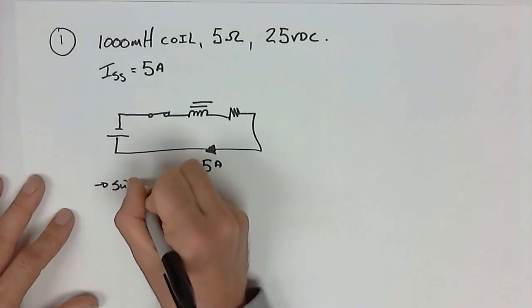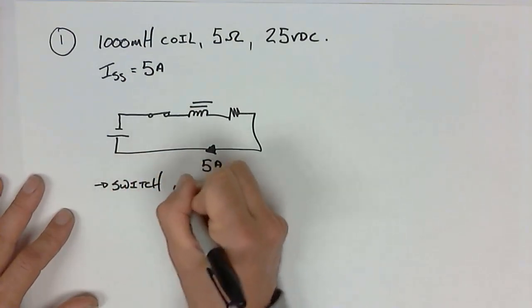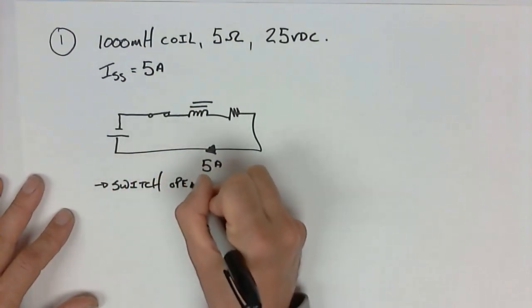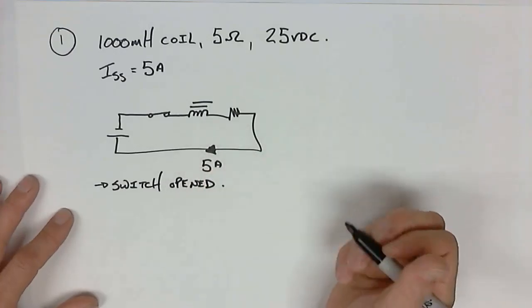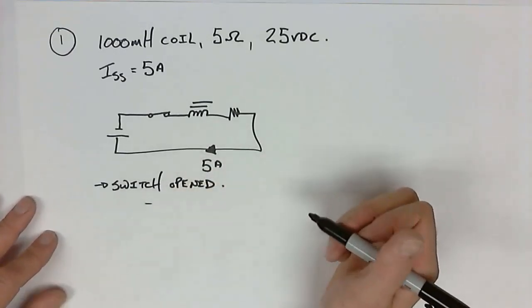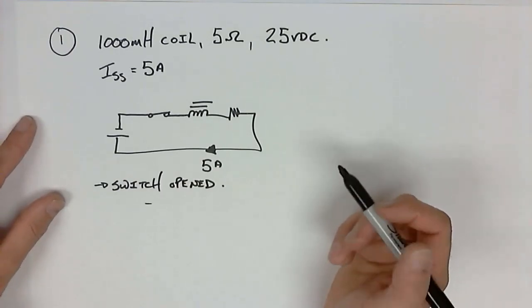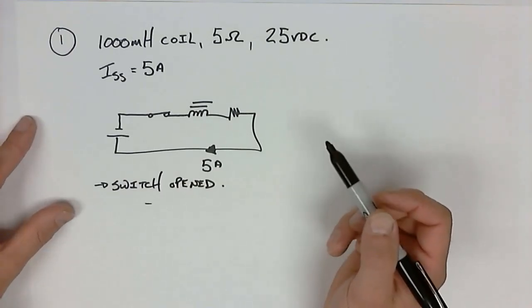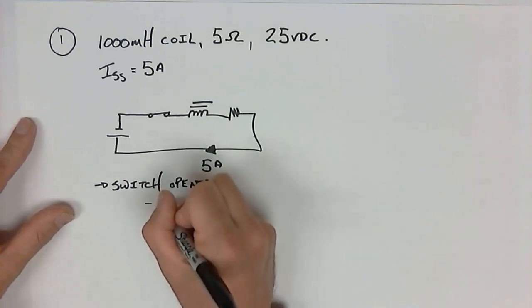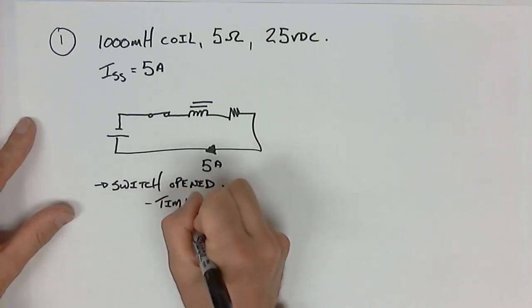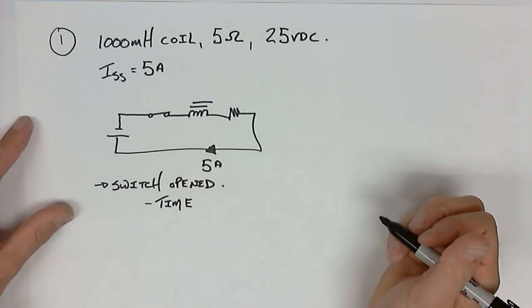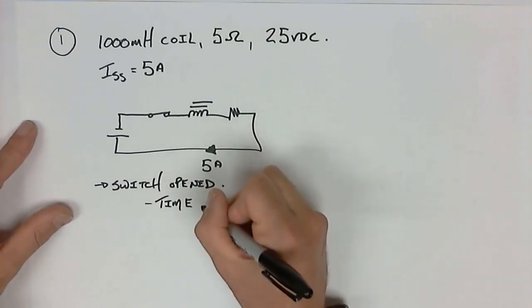When I open the switch, there's 2 different things I need to be aware of. First, how long is it going to take for the current to drop? So the time for the current to drop to 0.